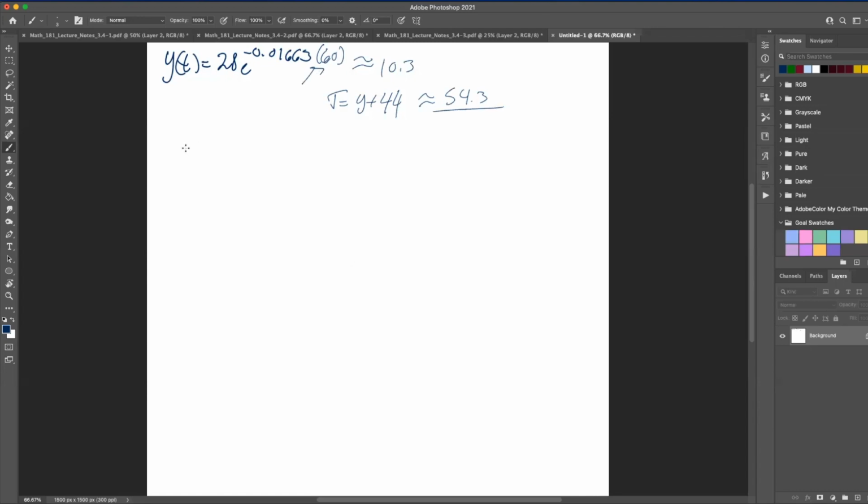I want to know when it's 50 degrees Fahrenheit. And so 50 minus 44 will be 6, which is what I'm going to be using for my y. So y equals 28 e to the minus 0.01663 t. You're going to solve for t.